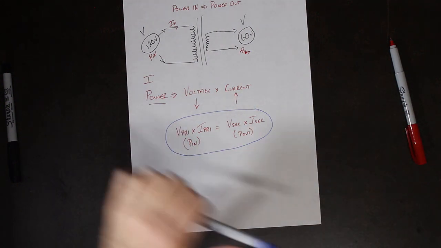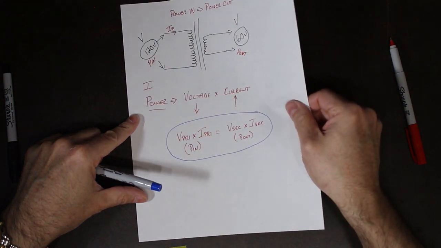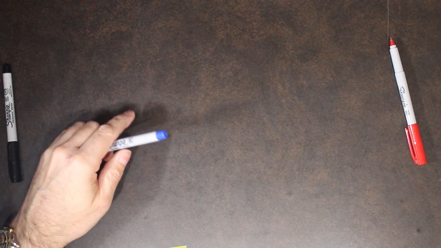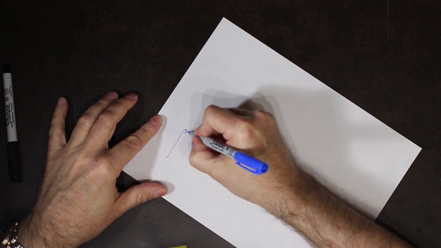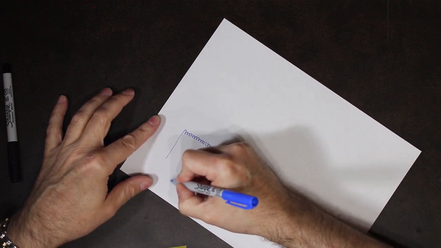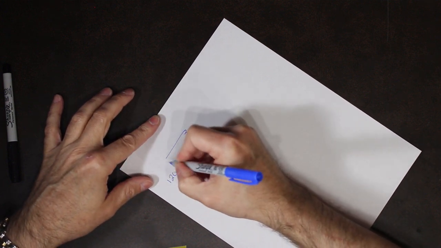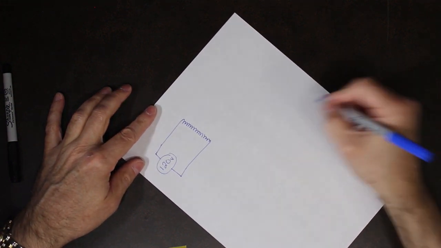So what we're going to do is look at an example where we perform some of these calculations. The example is going to go something like this. I'm going to have a step-down transformer, and I'm going to have 120 volts being applied to that transformer.